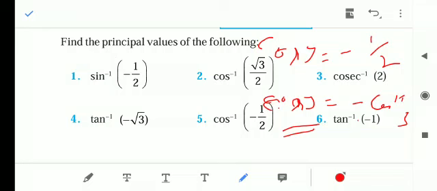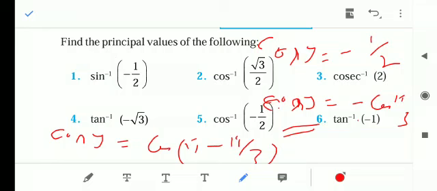So cos y is negative in the second quadrant as well as in the range of the function. So our value of y must lie in the second quadrant, and in the second quadrant it is pi minus alpha. So here we will write cos y equal to cos of pi minus pi by 3, and so it implies that y equal to 2 pi by 3. So this is the way of finding the principal value.